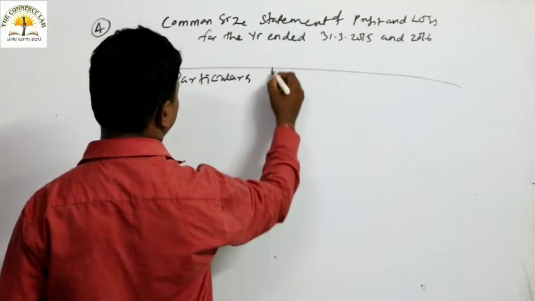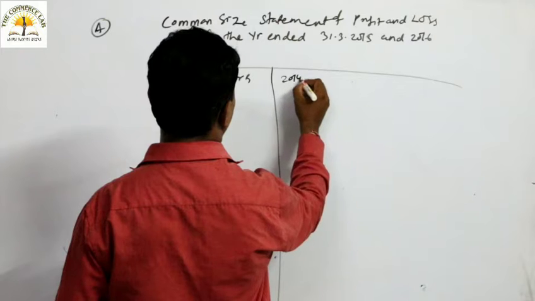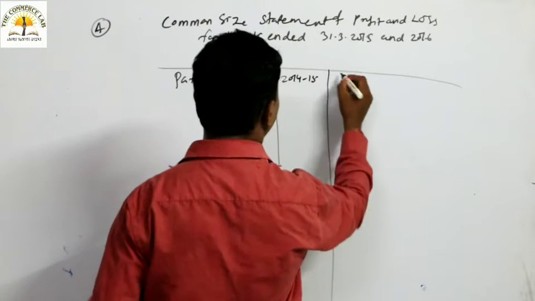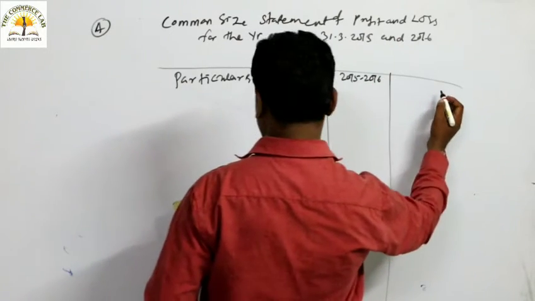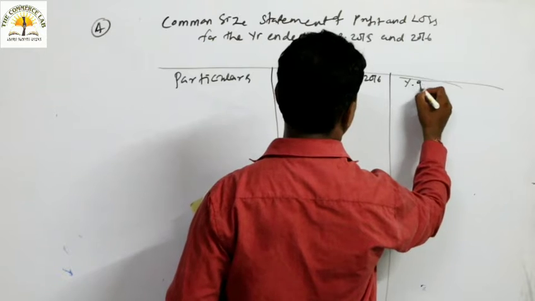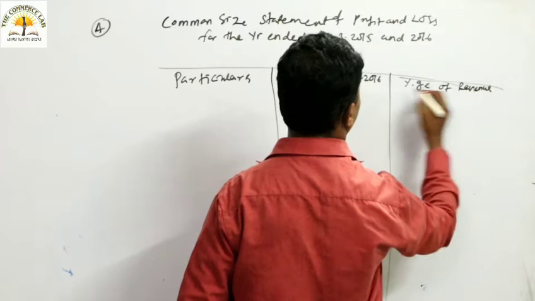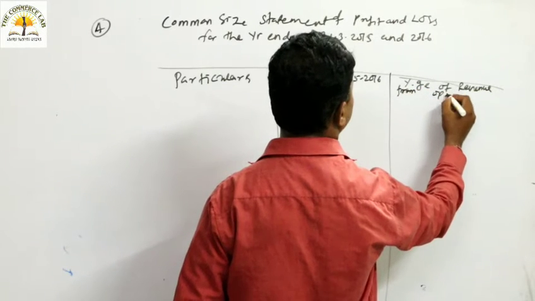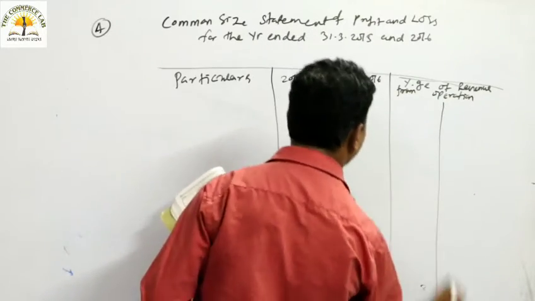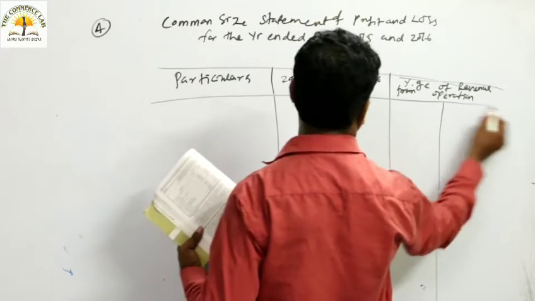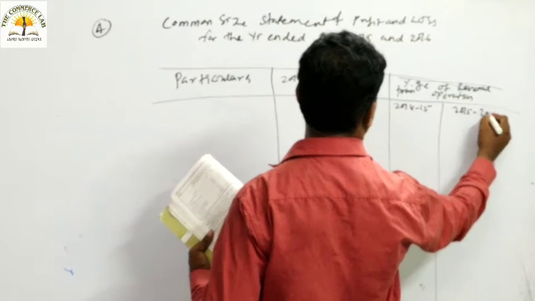So particulars will be the first column, then 2014-15, then 2015-16, thereafter percentage of revenue from operation, thereafter you have to write. Okay, here 2 columns will come, one for 2014-15, the other for 2015 and 16.